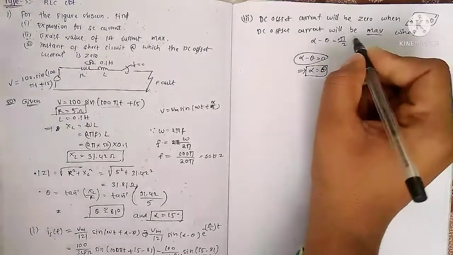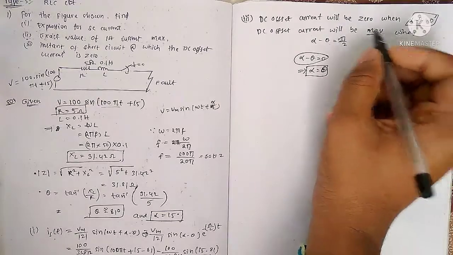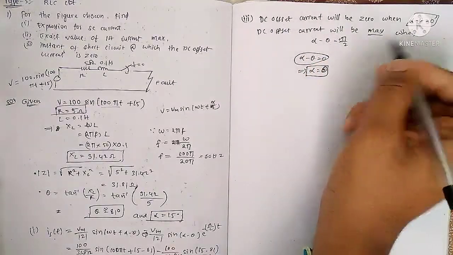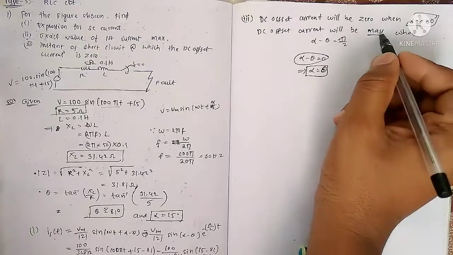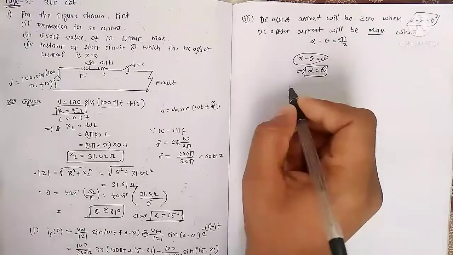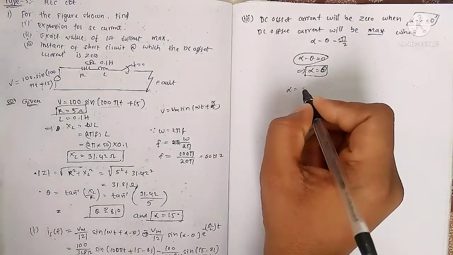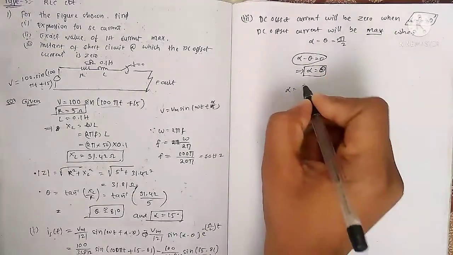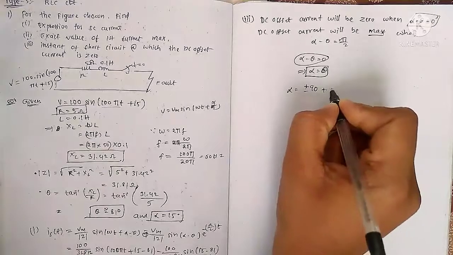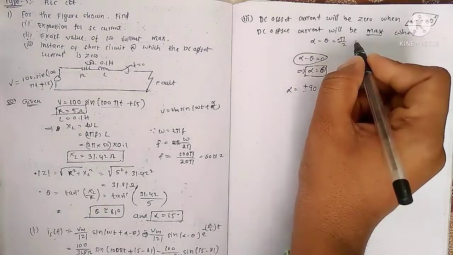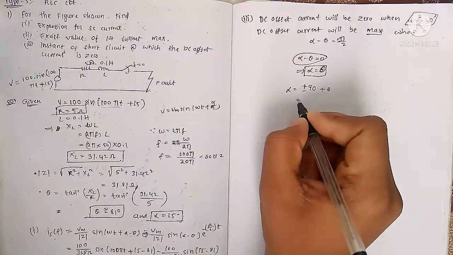If they ask for the maximum DC offset current, we need to find alpha equal to theta plus or minus 90. After shifting theta to the other side, we'll get both values.